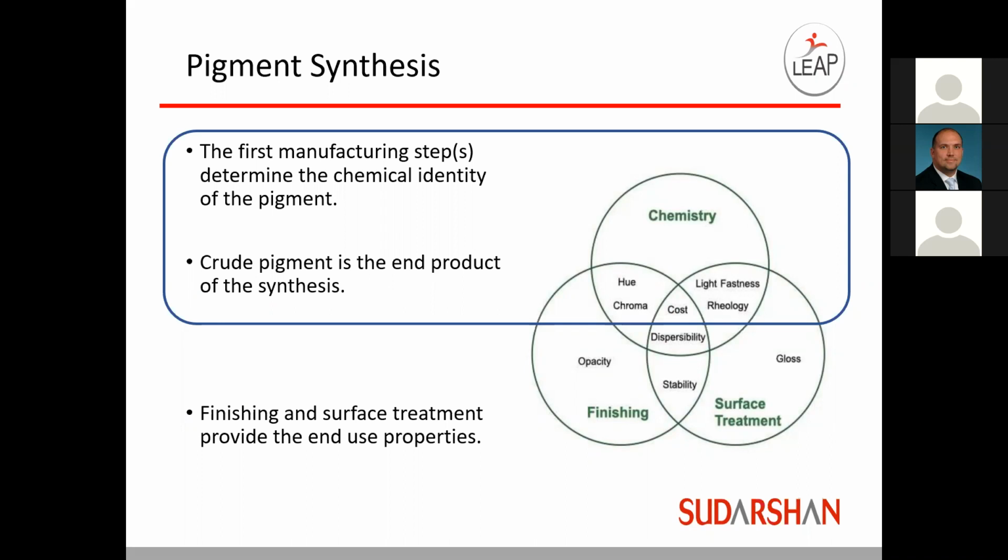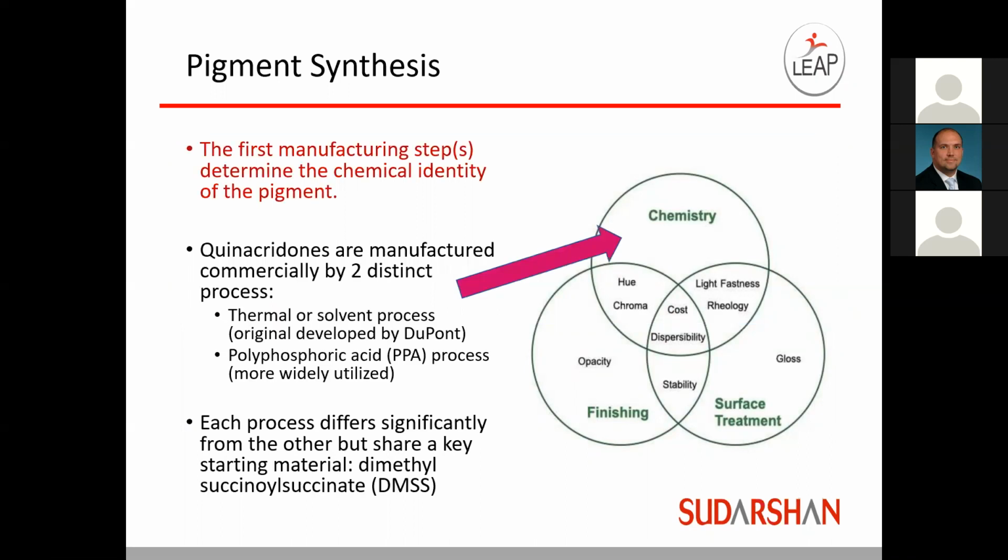With respect to quinacridones, that chemistry, there are two main process steps or processes that are used to create the quinacridone chemistries. The first one is termed the thermal or solvent process that was originally developed by DuPont in the 1955-58 timeframe.